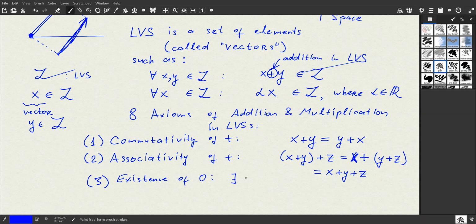There exists such a vector. I will denote it actually not by 0, but by theta. There exists a vector theta in our vector space such that for all x, we would have x plus theta equal to what?